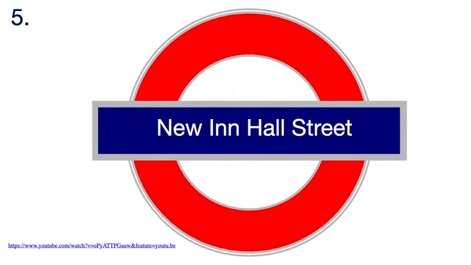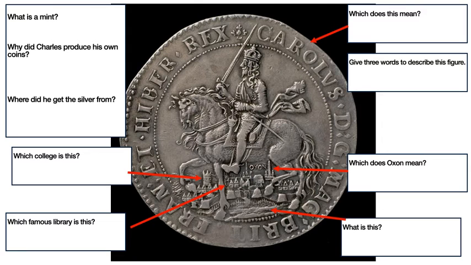Now, as well as a hospital, New Inn Hall Street also had a mint. Now, you might think of mint as in minty fresh for your toothpaste, but that's not what we mean here. A mint is a place where you make money.